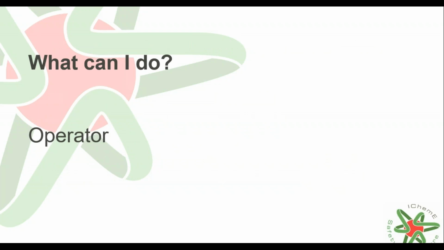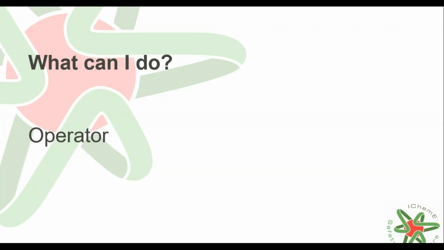And coming now to the part where we discuss what an operator can do. Before going to that, I always highlight this. Sorry for the repetition, but for those who haven't been here for the first two webinars, I would like to highlight that despite the fact that these recommendations are specifically addressed to different roles, it doesn't mean that other roles should not read those recommendations.